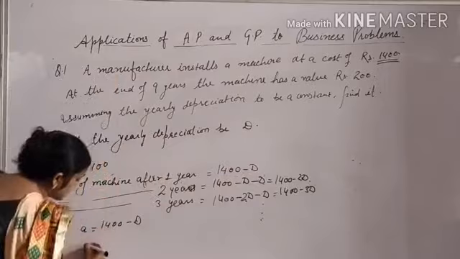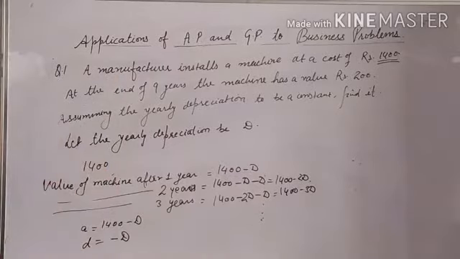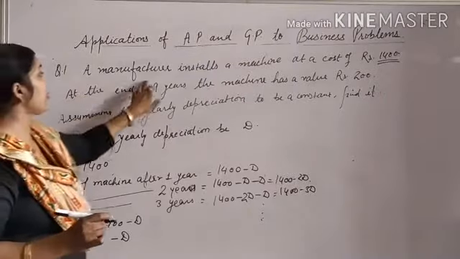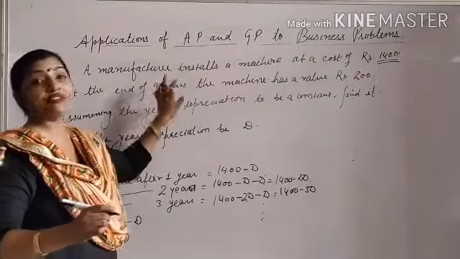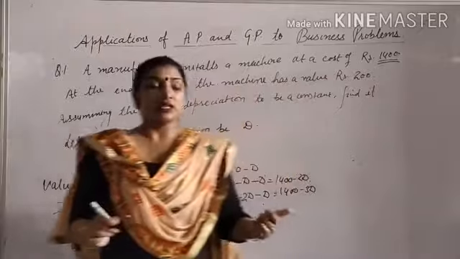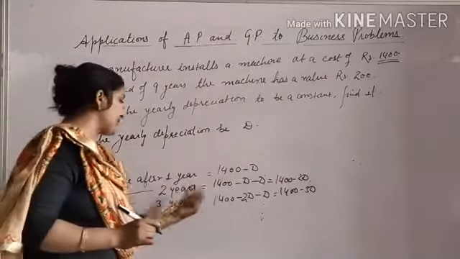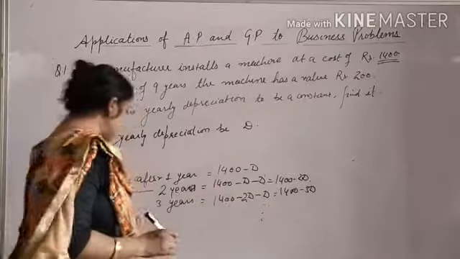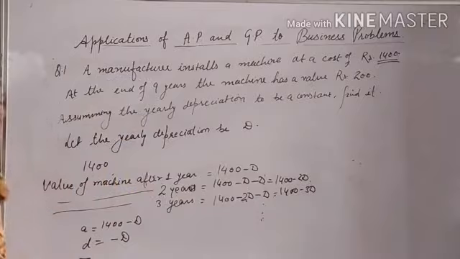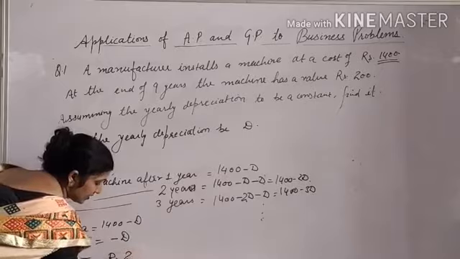So the common difference d is minus D. At the end of the first year, this is the value; at the end of the second year, this is the value; at the end of 3 years, this is the value. So at the end of 9 years, T9, the ninth term, is given as rupees 200.